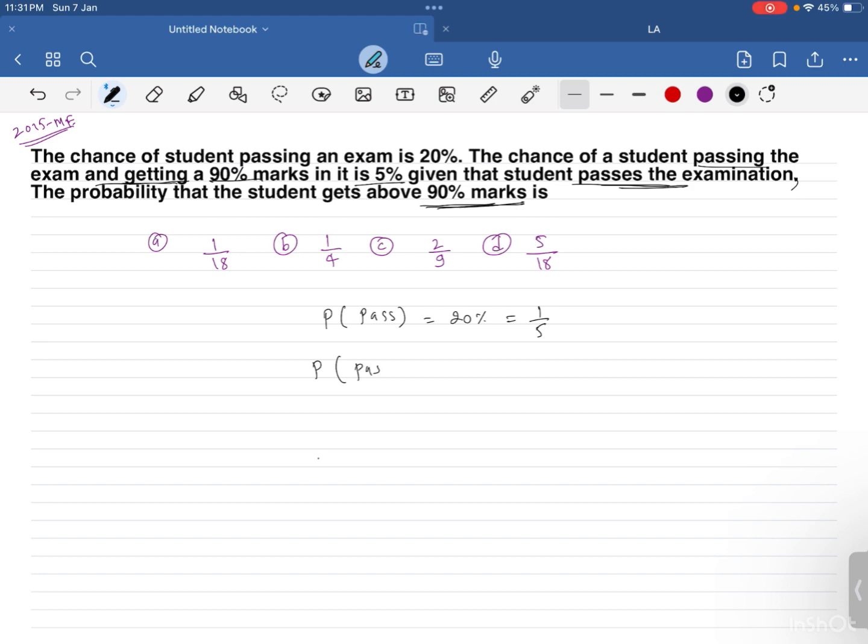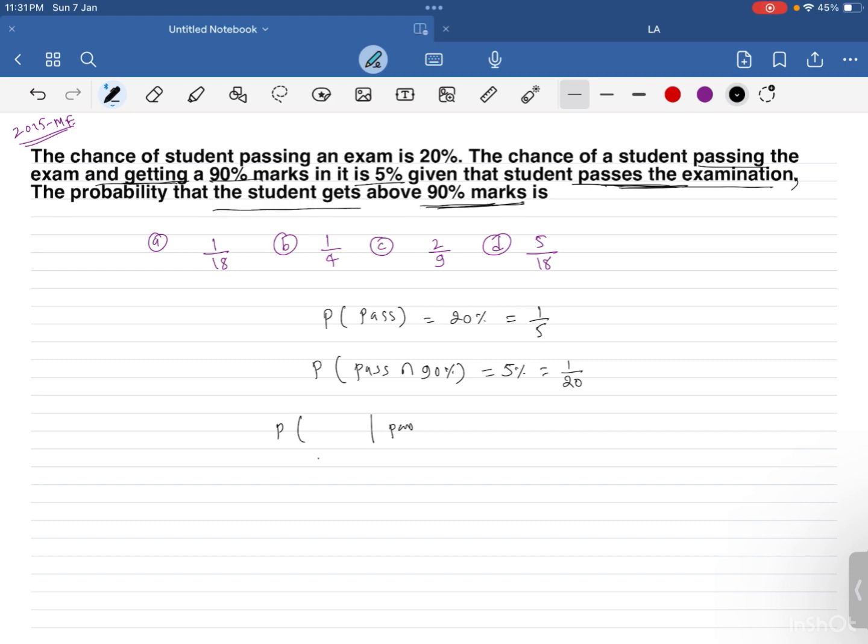The probability that he passes the exam and also gets 90% marks is 5%, that is 1 divided by 20, right? Yes. So now what we have to find is the probability that a student gets above 90%, given that the student passes the exam.